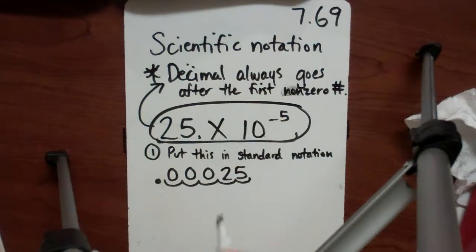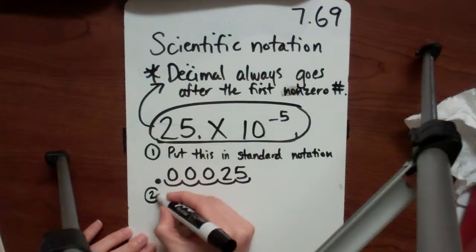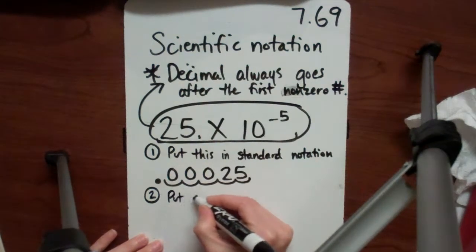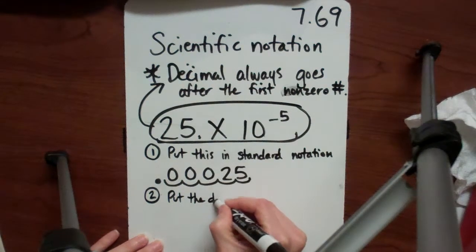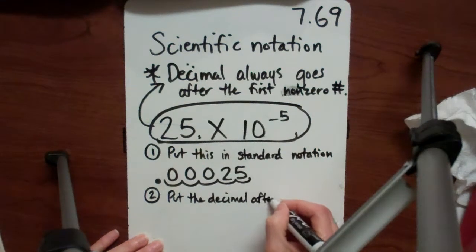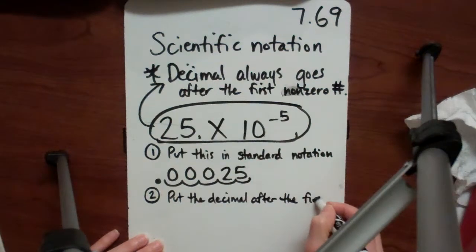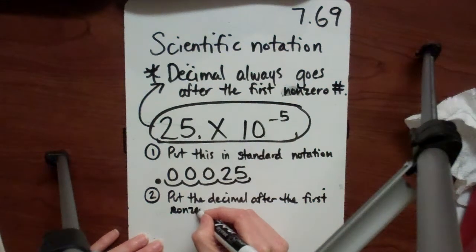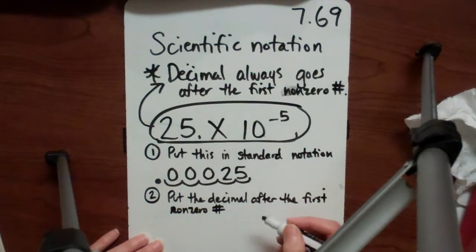Now, after you follow that step, I want you to do step number 2. I want you to put the decimal after the first non-zero number.